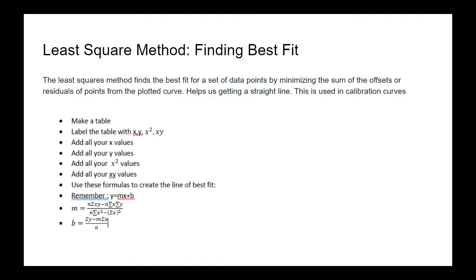So the first step, make a table. On that table, you're going to label the columns x, y, x squared, xy. And then what you're going to do is add all of your x values, add all of your y values, add all of your x squared values, and then add all of your xy values. Then you're going to use these formulas to create the line of best fit.